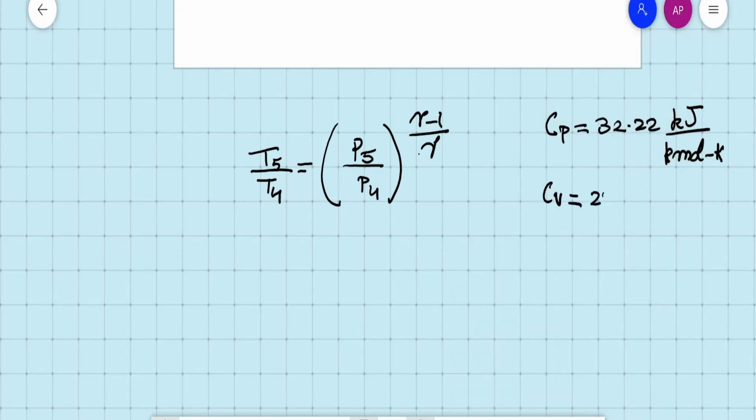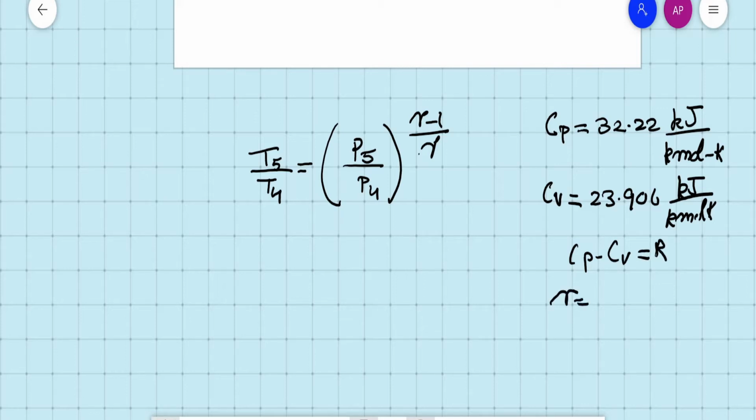So Cv is 23.906 kilojoules per kmol Kelvin. Cp minus Cv is equal to R. This is what I have used.